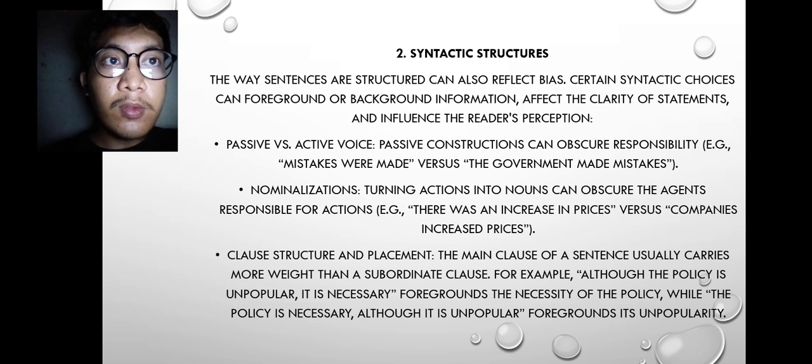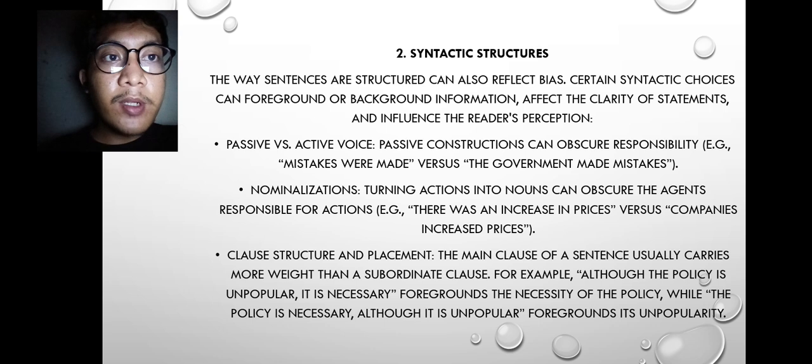Number two, syntactic structures. The way sentences are structured can also reflect bias. Certain syntactic choices can foreground or background information, affect the clarity of statements, and influence the reader's perception. First, passive versus active voice.